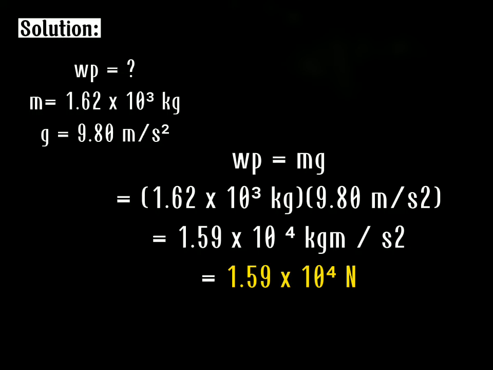So 1.62 times 10 cube kilogram multiplied by 9.80 meter per second square is equal to 1.59 times 10 to the power of 4 kilogram meter per second square, which is equivalent to 1.59 times 10 to the power of 4 Newton. Therefore, the weight of the pillar segment is 1.59 times 10 to the power of 4 Newton.